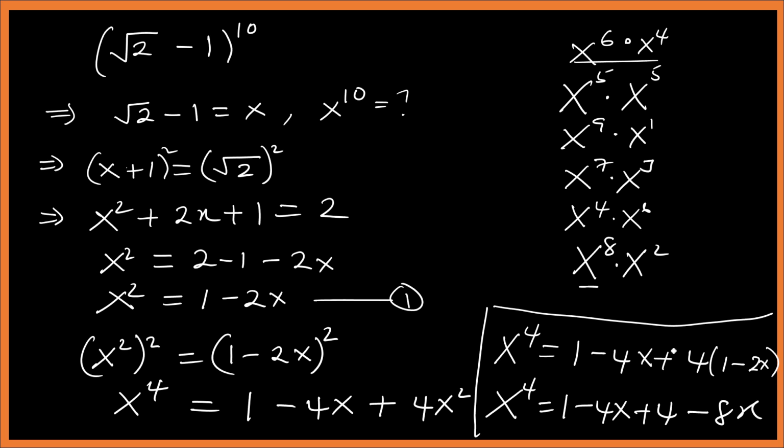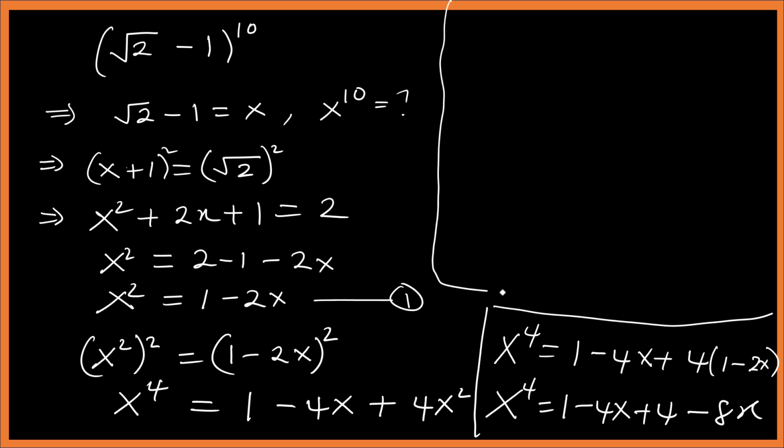So we have x to the power 4 equals 1 minus 4x plus 4 minus 8x, so 5 minus 12x.